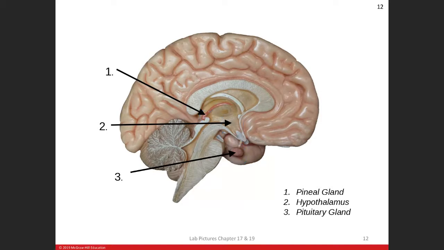Now, is it just me, or does this kind of look like a duck? Here's the bill, here's the eye. Doesn't that kind of look like a duck to some of you? Here's the top of the head of the duck. Whoops. I know there's some teachers that will draw that outline.